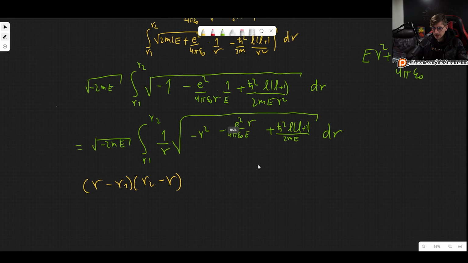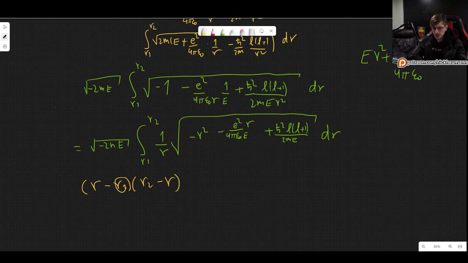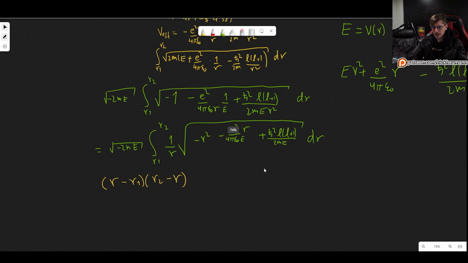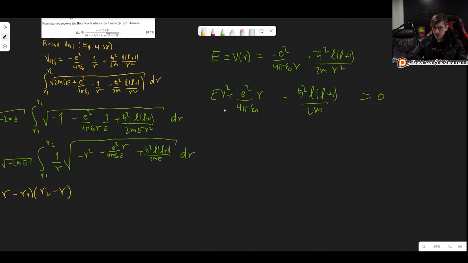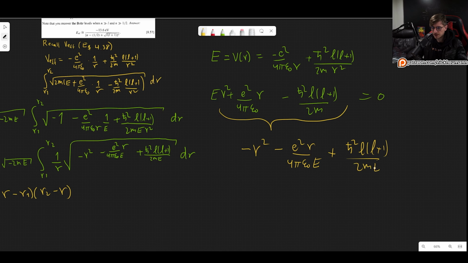Now, notice that I used the terms, of course, r1 and r2, and that may look surprising, but the reason for that I will show you right now. If we take a look at the equation that defined our turning points, and we make some very small changes, so we multiply by -1 and we divide by e, we get minus r squared minus e squared r divided by 4 pi epsilon 0 e plus h bar squared l(l plus 1) over 2me.